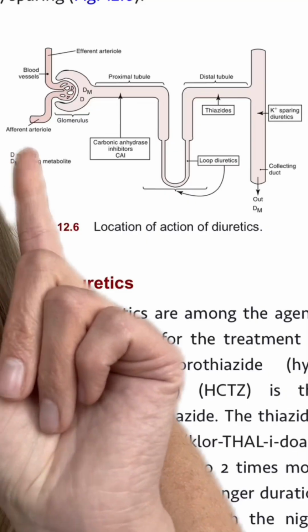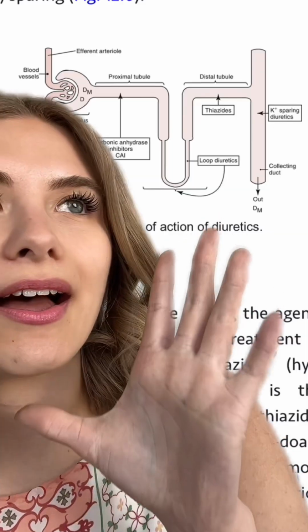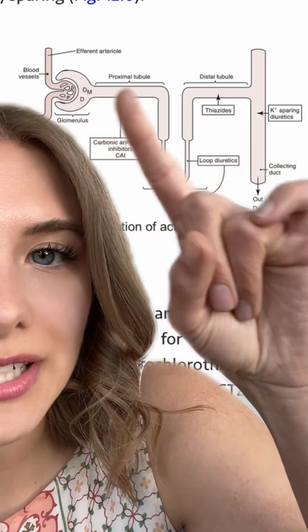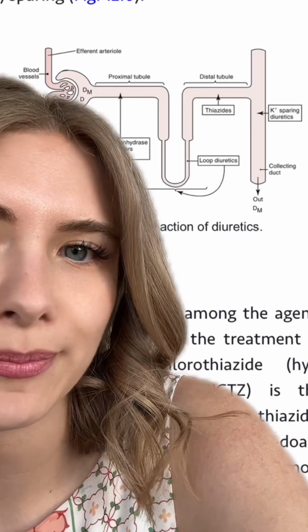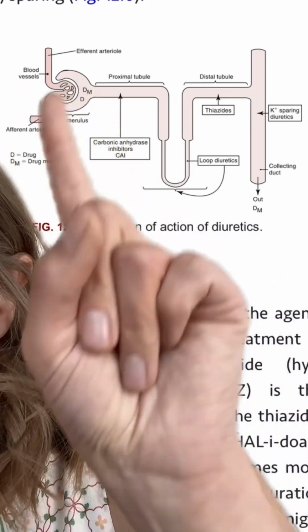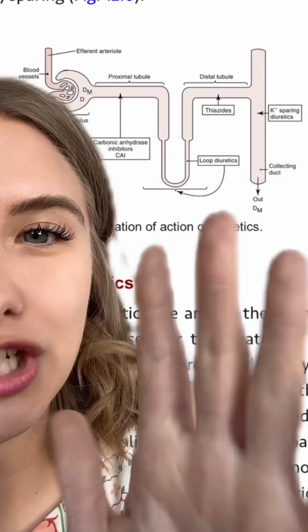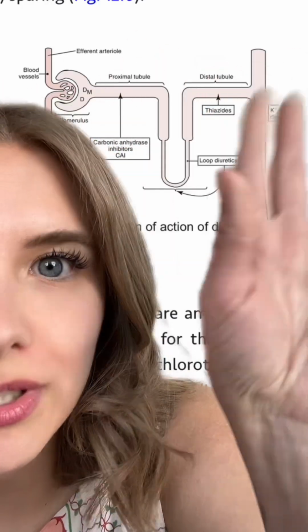Okay, we're going to go to the afferent arteriole, because remember, arteries go away from the heart. So it goes out of the heart into this structure, and then it comes out and goes into the blood vessels, because it's going back to the heart, right? It's going to go into the glomerulus, and that's where it creates a plasma-like filtration of the blood. This is going to reabsorb and secrete stuff.